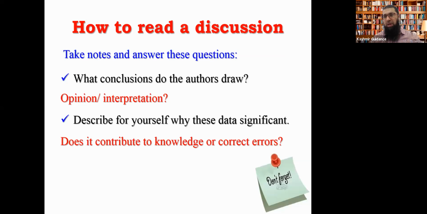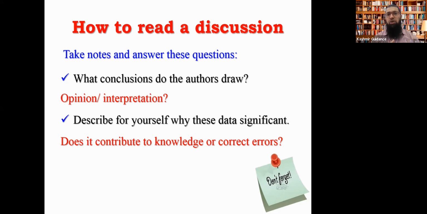Because in research papers, we are testing some hypotheses, we are getting some results, and from those results, we are concluding something. And this conclusion is on the basis of some previous research, which we are discussing in the discussion section.